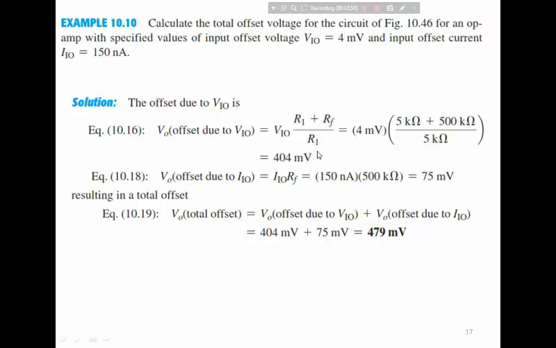This is due to the input offset voltage. So total output offset will be equal to the sum of these two output offset voltages.